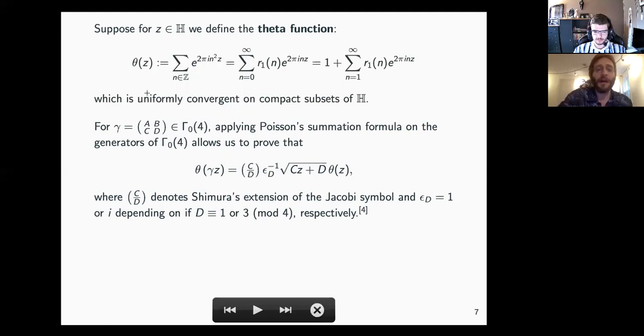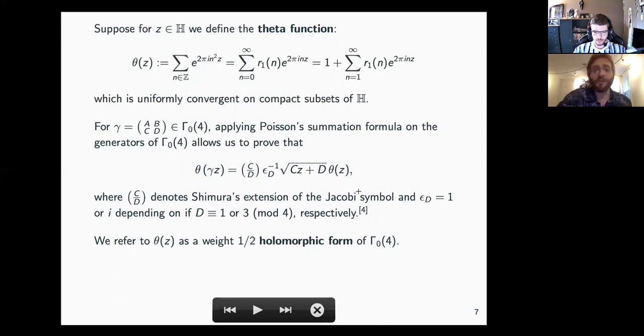If I take a matrix element gamma of Gamma_0(4), then theta(gamma z) is equal to a weight factor that is pretty straightforward to understand times theta(z). And this is another way of saying that theta(z) is a weight 1/2 holomorphic form of Gamma_0(4).